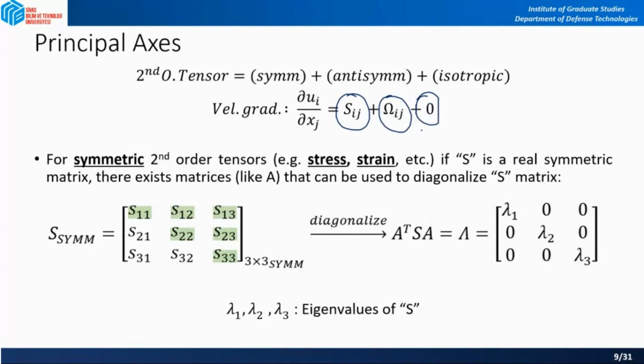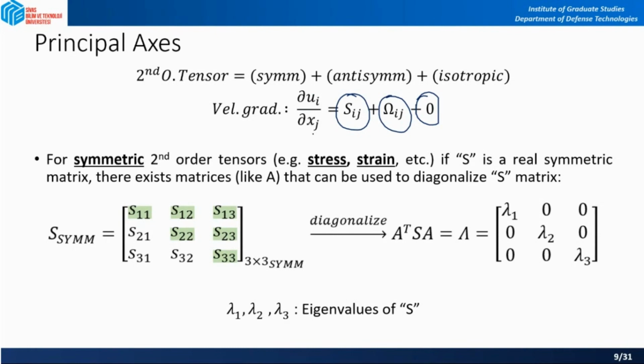And basically, velocity gradient dui dxj is very heavily used in modeling efforts. So that's why we are always giving the example of velocity gradient tensor.